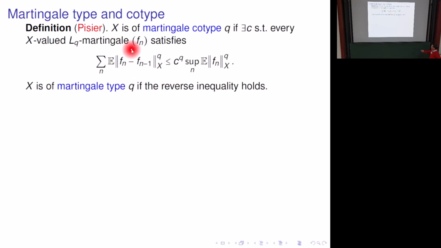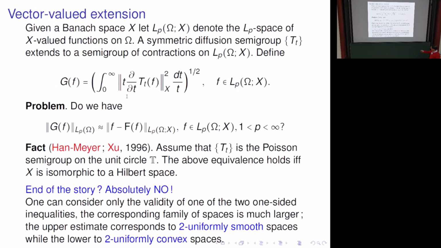You see in this inequality, on the left-hand side, we have these differences of the martingales. This, in some sense, is the discrete derivative. We should compare the left-hand side with the square function here. So this is a square function.